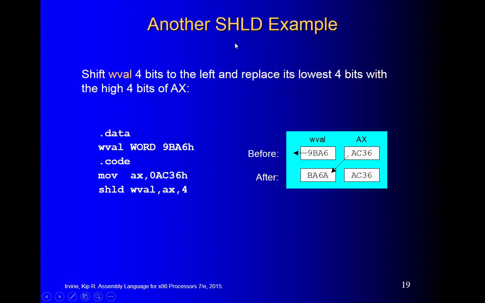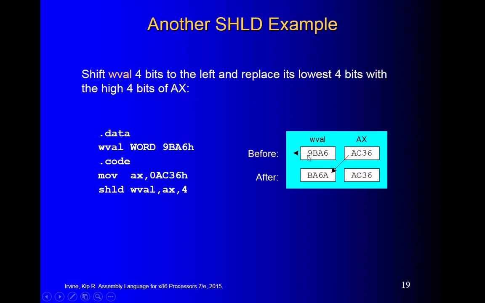Shift left double example. We have a WV variable, 9B86H, and we have AX, AC36H. We're going to shift the WV value to the left 4 bits. That means one hexadecimal digit. And AX will be the source. So we're going to shift this 4 bits.